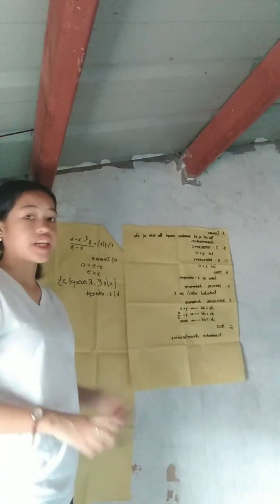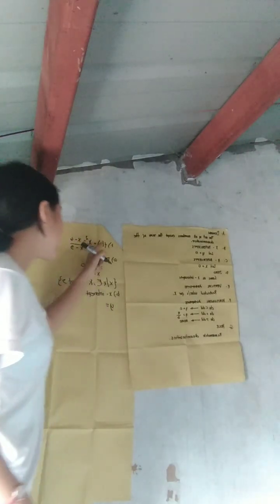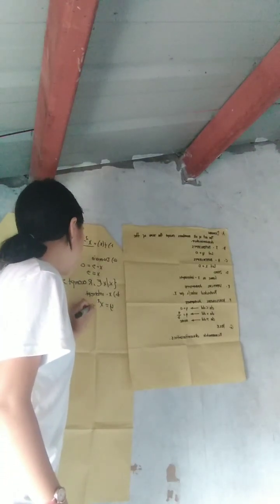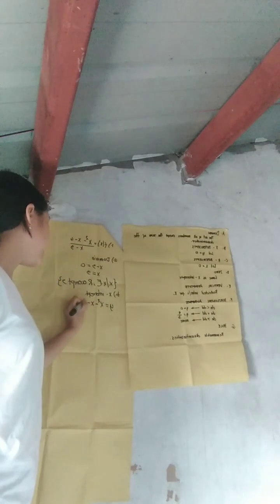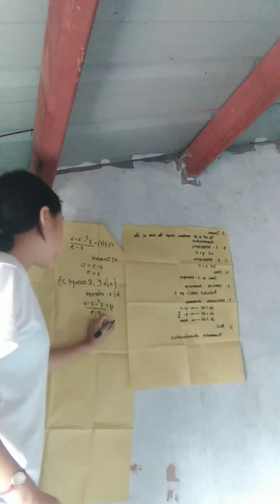So let's proceed to letter B, x-intercept. Let y equal 0. Also, f of x is our y. Copy the numerator, x squared minus x minus 6 all over x minus 3, and our y is equal to 0.